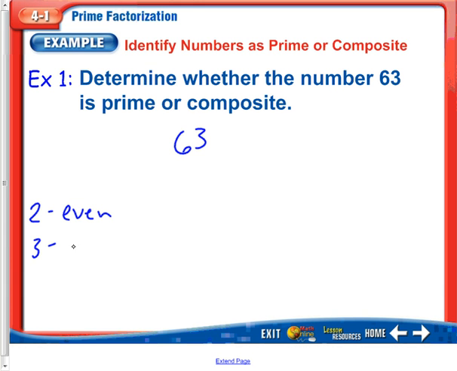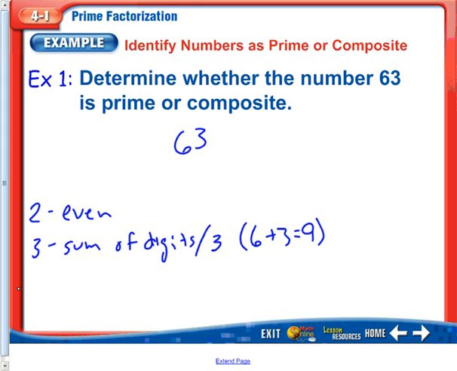For 3, you're going to find the sum of the digits, and then the sum is going to be divisible by 3. So for this example, we have 63, so that would be 6 plus 3 equals 9, and 9 is divisible by 3, so therefore 63 can be divided by 3.